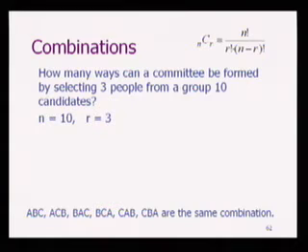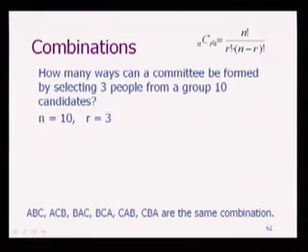Well, I cannot use 10 times 9 times 8. I will have a problem because if I do that, I consider different arrangements of these 3 people as different outcomes. So if I use a permutation formula, I have to divide this number by 3 factorial because every 3 factorial of them is the same combination.